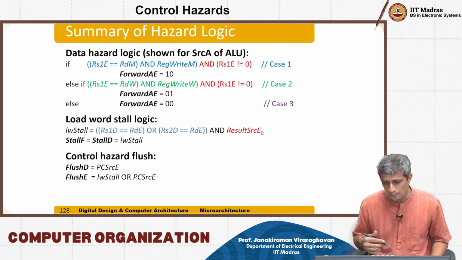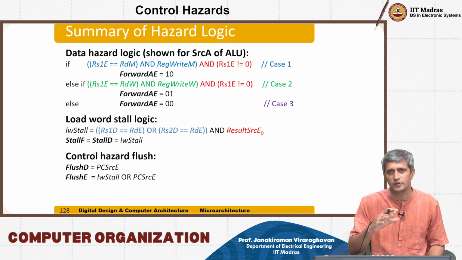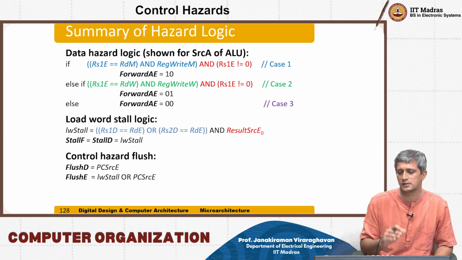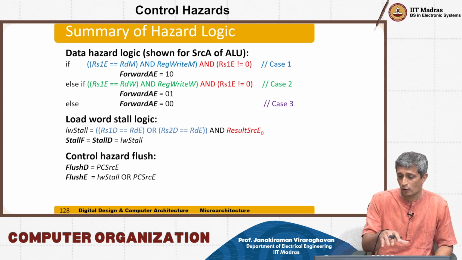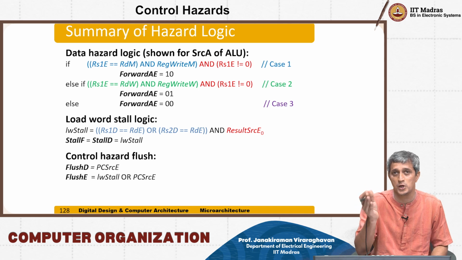So in summary, the hazard unit implements the following logic. It takes care of data hazards, which control the source A of the ALU. What we have shown here is only for source A. A similar thing has to be done for source B also.